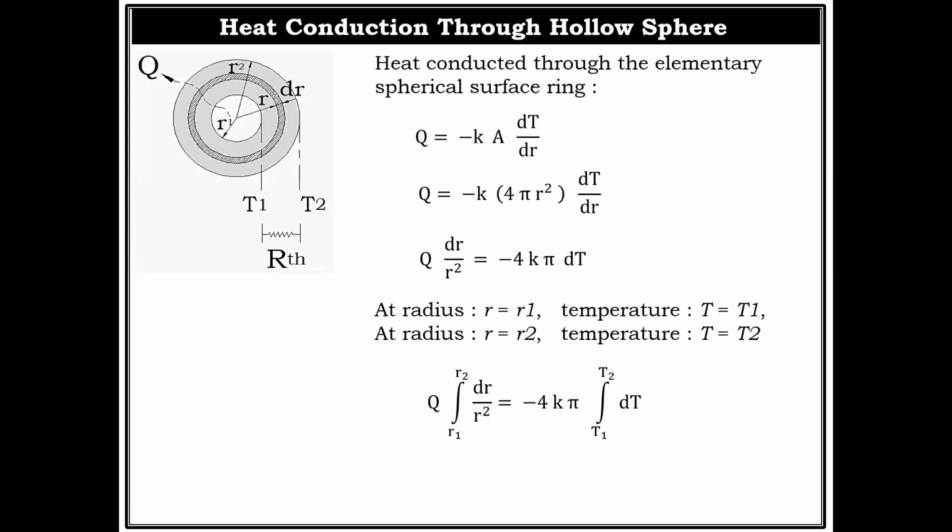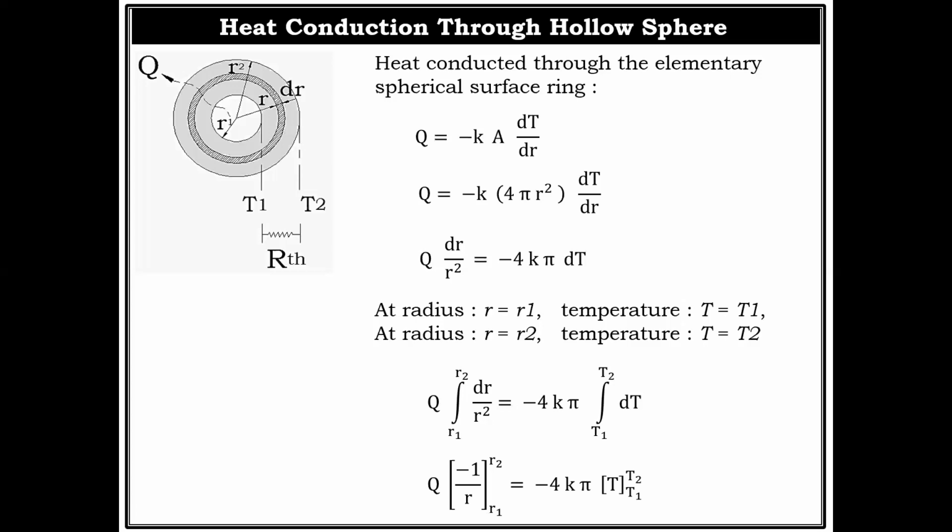As the heat transfer rate is constant, we take Q out from the integration sign. So Q integration from r1 to r2 of dr upon r square, and on the right hand side 4K pi, which is taken out from integration as it is a constant, and integration within the limit T1 to T2 of dT. On simplifying, we get Q in a bracket minus 1 upon r.